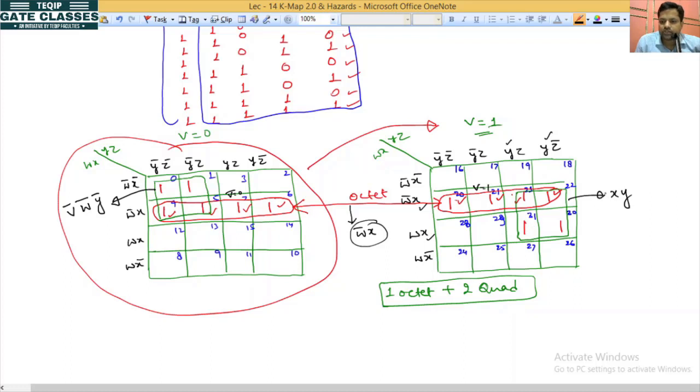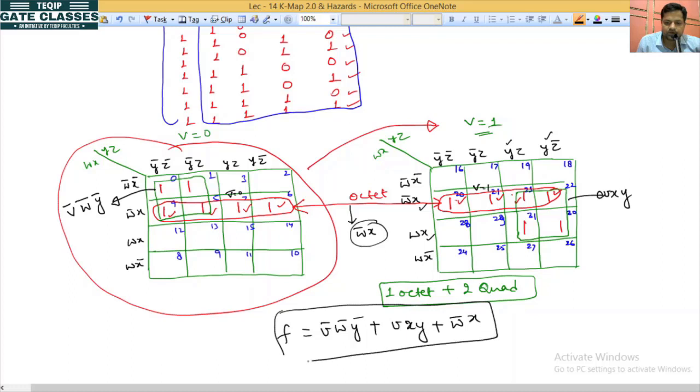So we have to multiply that v with the remaining terms, so v is common for this group also. What will be the answer? The simplified expression will be v bar w bar y bar plus vxy plus w bar x. This will be the simplified expression for this 5 variable K map. It never comes in the GATE exam, but you have to know the concept related to 5 variable K map.